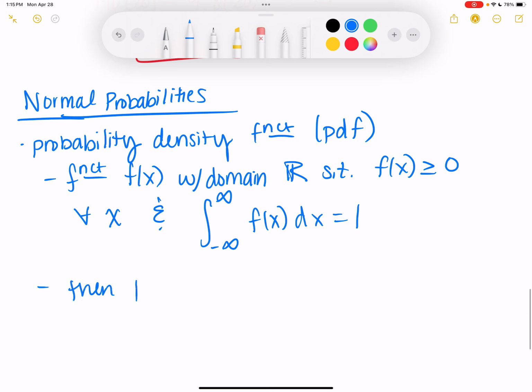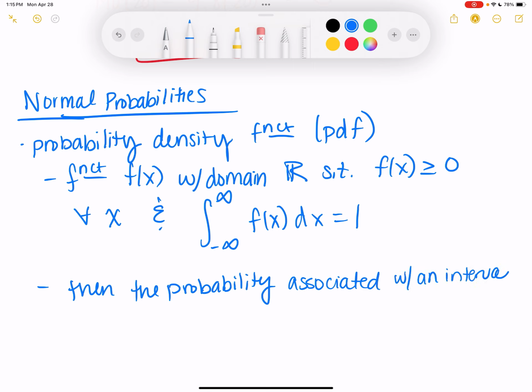Then the probability associated with an interval from a to b is the integral from a to b of f of x dx.